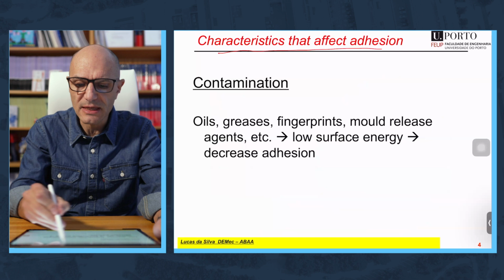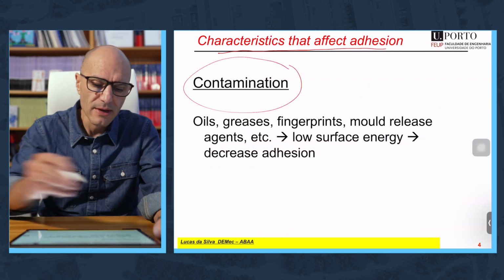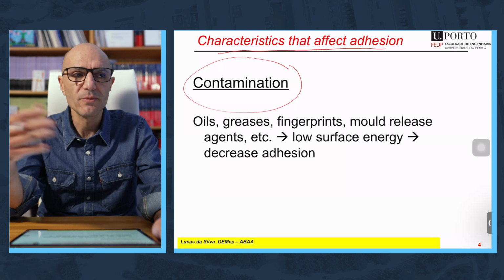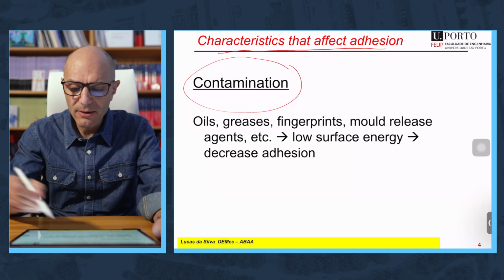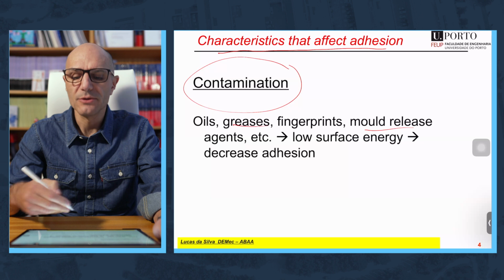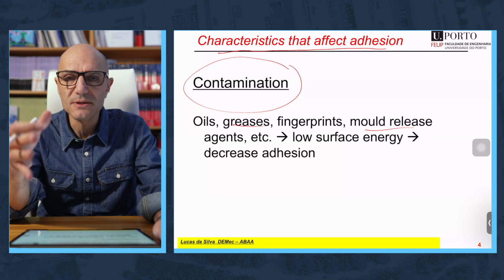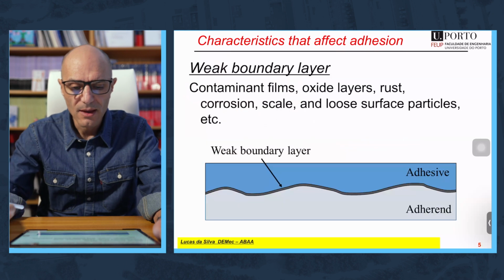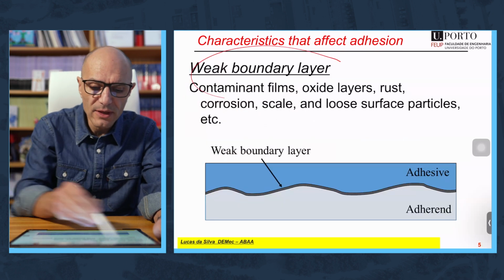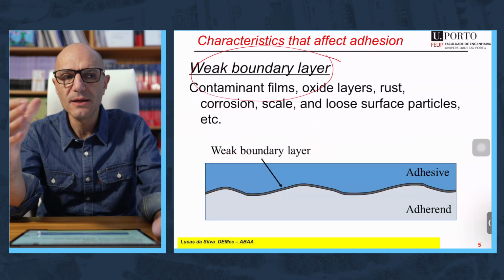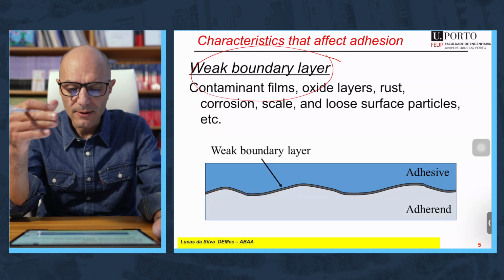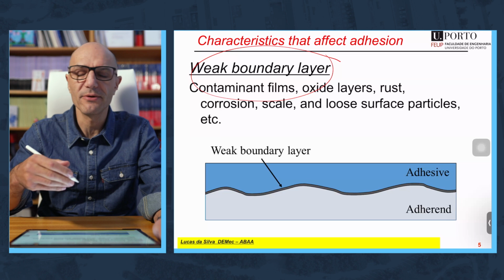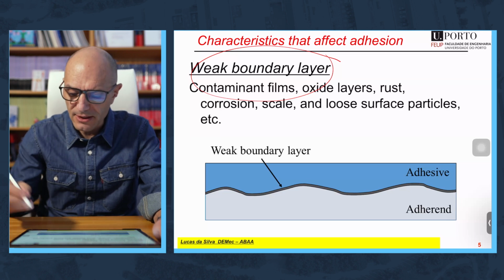Which characteristics affect adhesion? Of course, you have the contamination. The surfaces that we are going to bond normally are oily, with mold release agent, grease, dust, etc. All these substances have a low surface energy, and you know that this decreases adhesion. But you can also have weak boundary layers. Basically, we are talking about oxides that are weakly attached to the base material, like for example rust in steel.